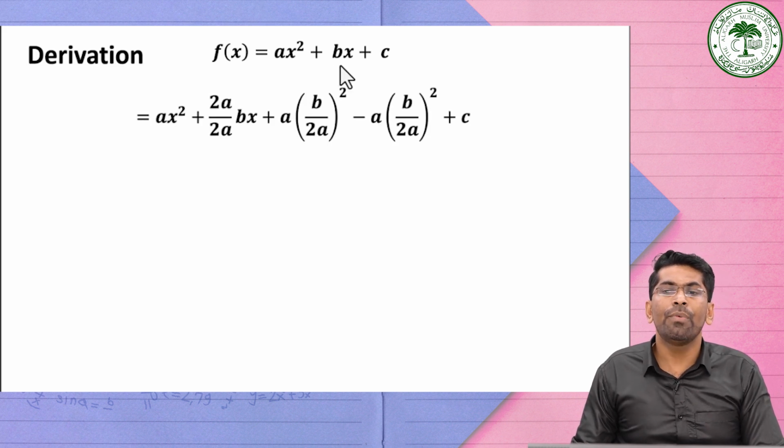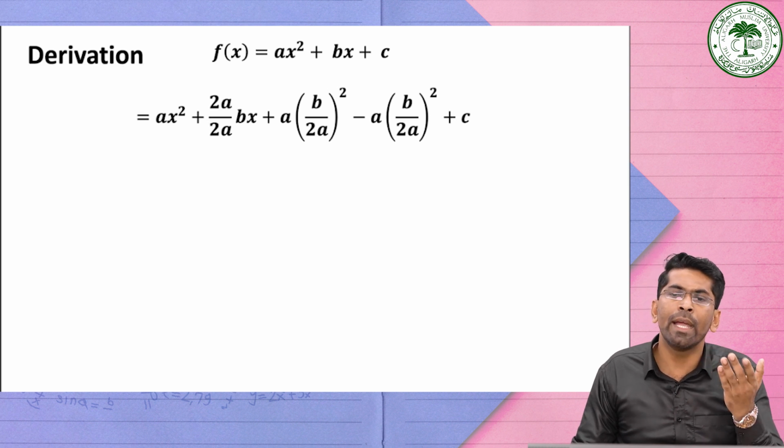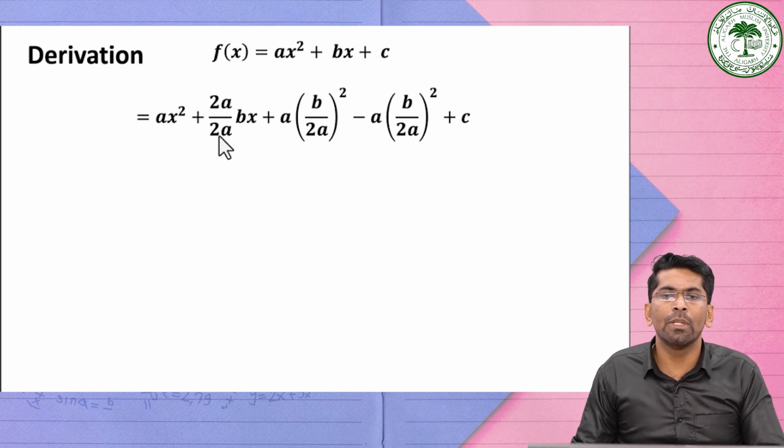The first term, ax², we keep as it is. Then we multiply and divide the second linear term bx by 2a, that is, (2a/2a)·bx. Nothing changes when you multiply and divide a term by the same number, so the value will not change.